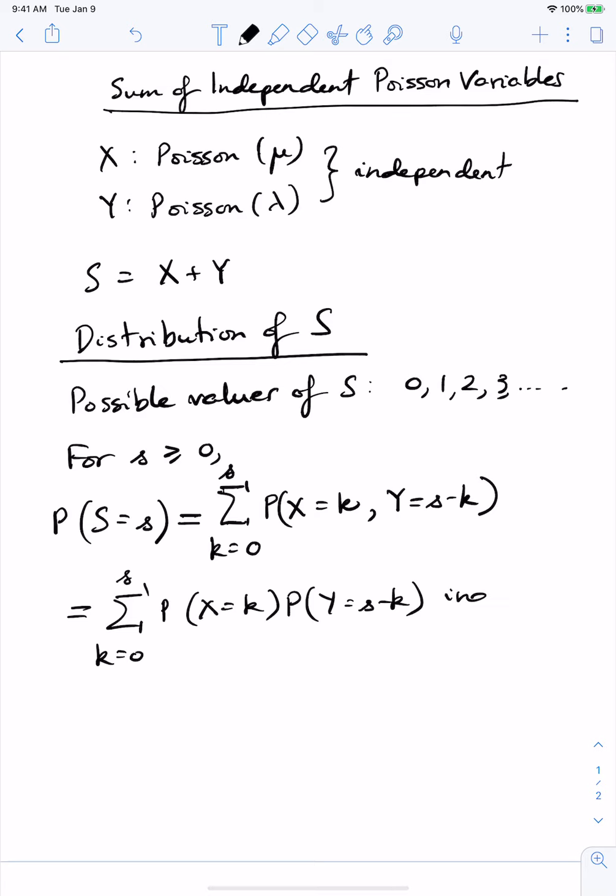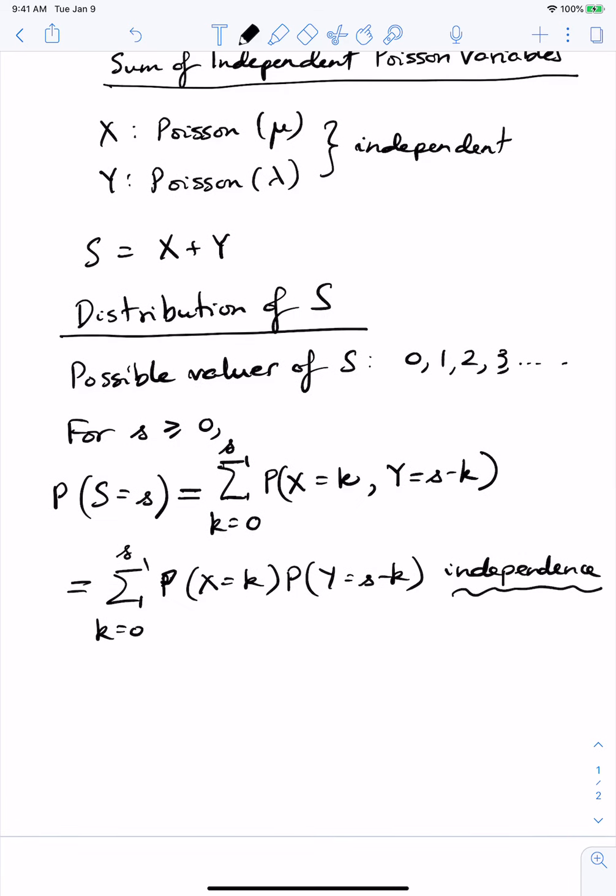And this is by independence. Done. The probability is over. What we have to do now is sort out the algebra and see if we get something nice. So plug in the Poisson probabilities.